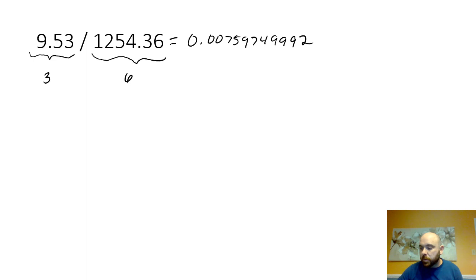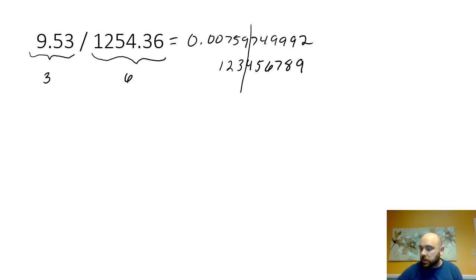So for this number, we want to know how many significant figures there are. Those zeros in the front are not significant because they come before any non-zero digit. So we'll start our significant figures here. There's 1, 2, 3, 4, 5, 6, 7, 8, 9 significant figures. In this number, we want to cut it off at the third because our lowest number is 3 in our two calculating numbers, and so we'll cut it off here.